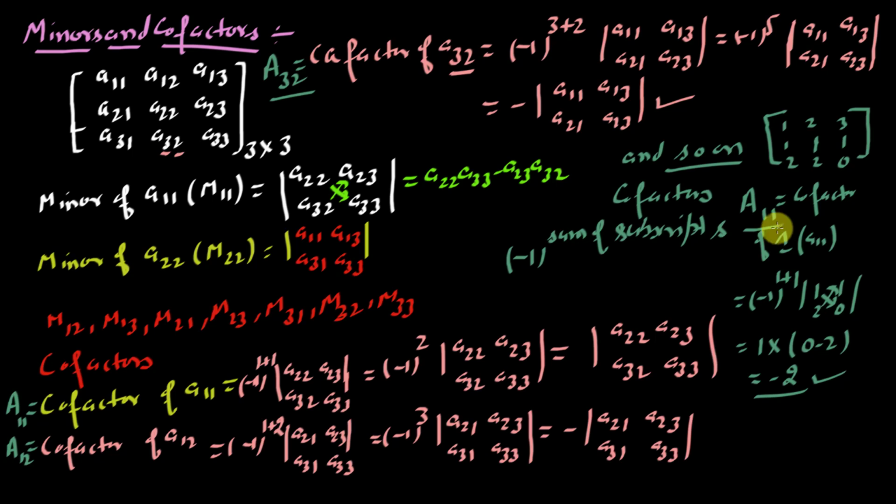And if we are required to find the cofactor of 3, 3 has the position first row and third column.